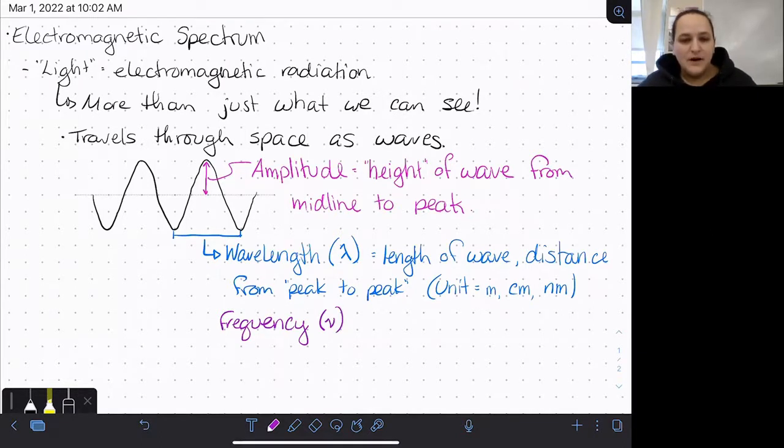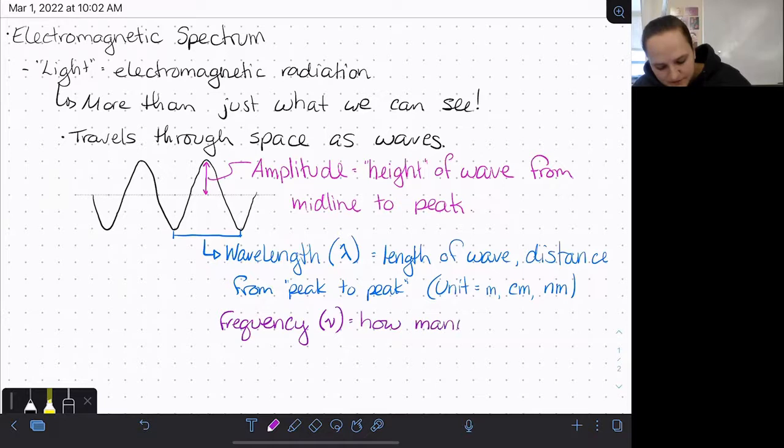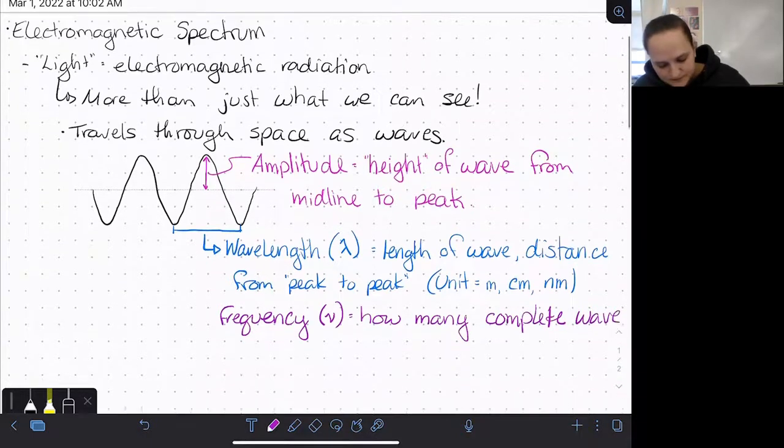That one's better. So it's mostly a curly V with a little flag on the left-hand side. And what frequency is measuring is how many complete waves pass by a given point per second.